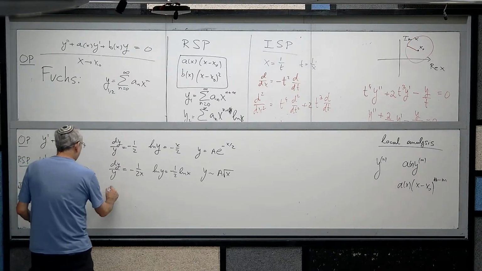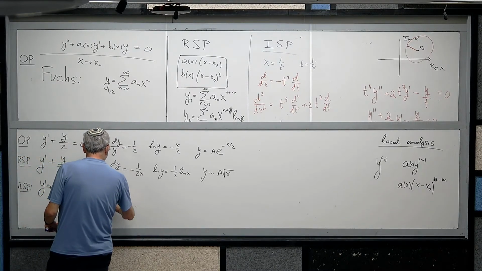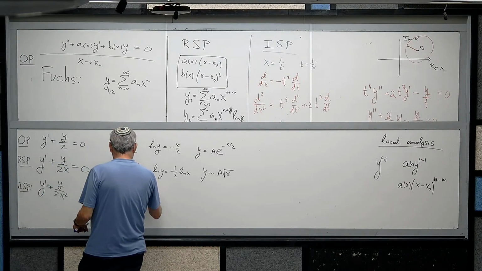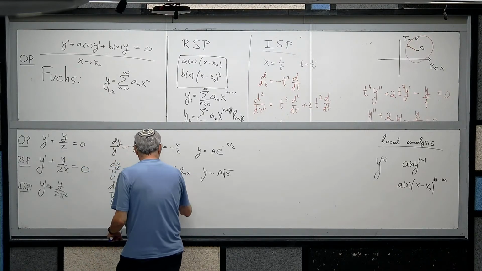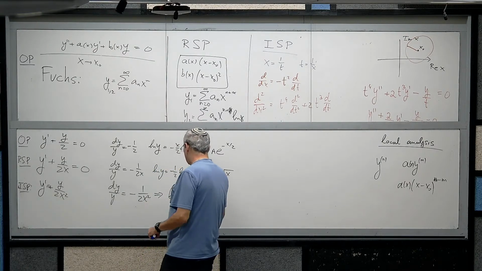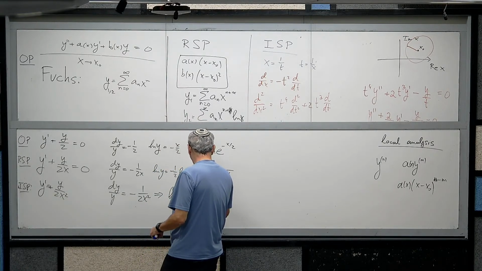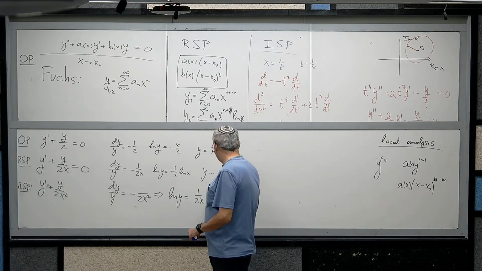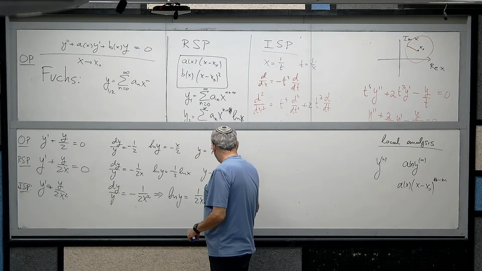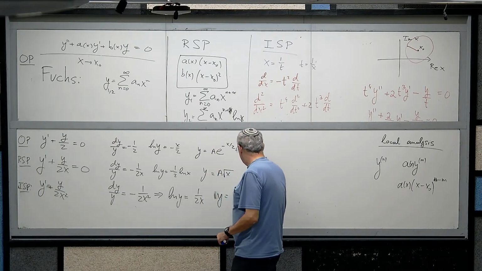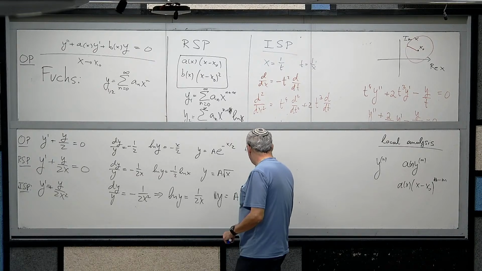So I can write that dy over y is 1 over 2x squared, which implies that ln y is the integral of this, which is minus 1 over 2x, which implies that y is a e to the 1 over 2x.